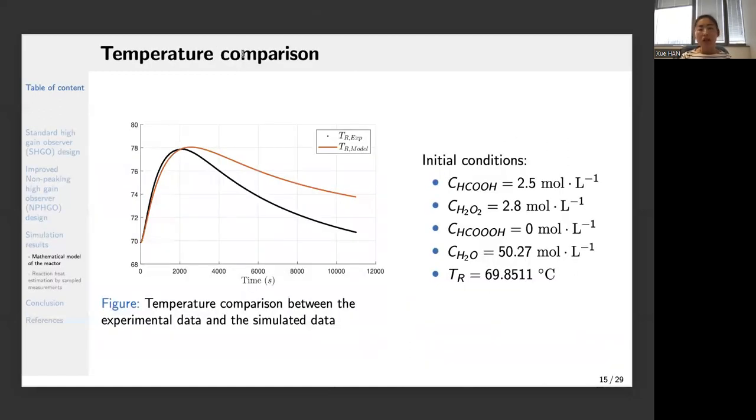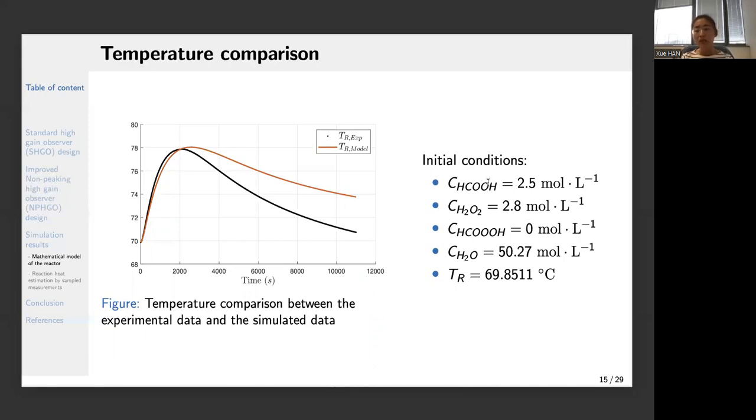And here we will validate our reactor model. The orange line is the model we built, and the black dots are the experimental data. The experimental data comes from our colleagues in the Laboratoire de sécurité des procédés chimiques in Caen, France.